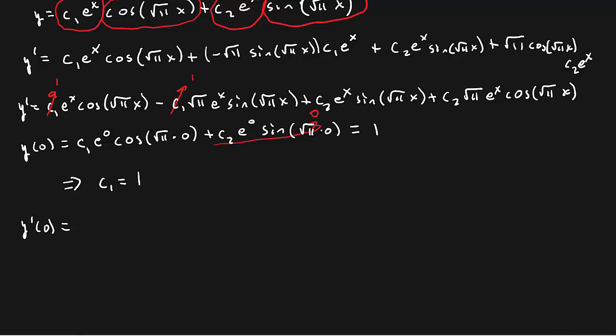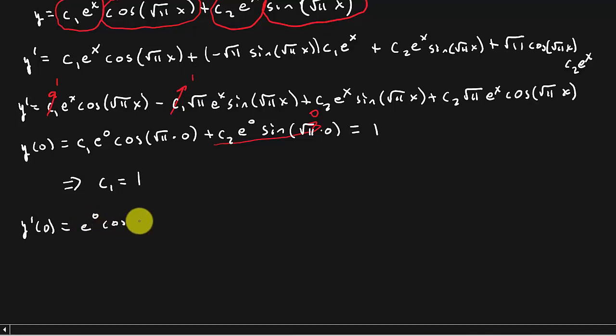That's going to be e to the 0 cosine square root of 11 times 0 minus, and that's 1, that's square root of 11, e to the 0 sine square root of 11 times 0. Now, if you want to, you can say, well, that's 0, and this one's going to be 0, and I'm just going to be left with this one and this one. You can do that, but we'll plug everything in.